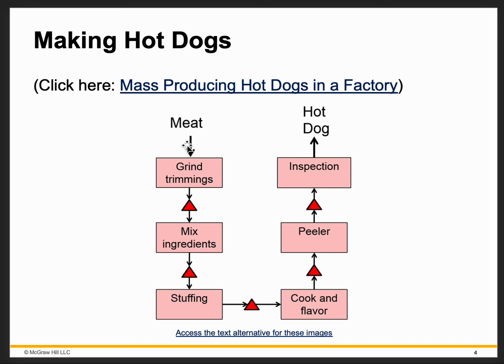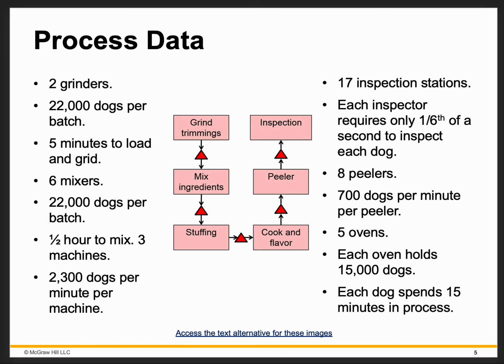You'll notice the arrows point in the direction in which the flow unit is going to flow. The rectangles represent the different stages in the process. The triangles in the intermediate locations are buffers. There's not always a buffer between stages that come one right after the other, but in this case there are. So it is important to know when you have buffers and when you don't.